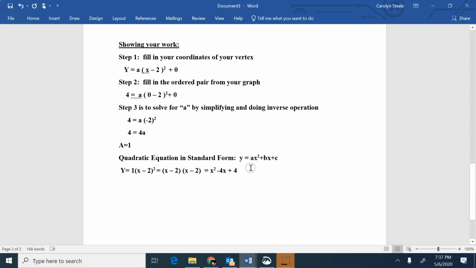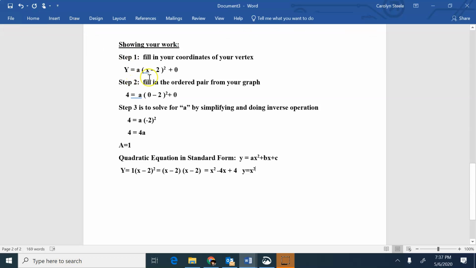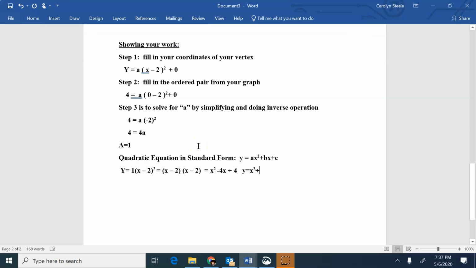So in other words, my equation in standard form, guys, is y equals x squared plus minus 4x plus 4.